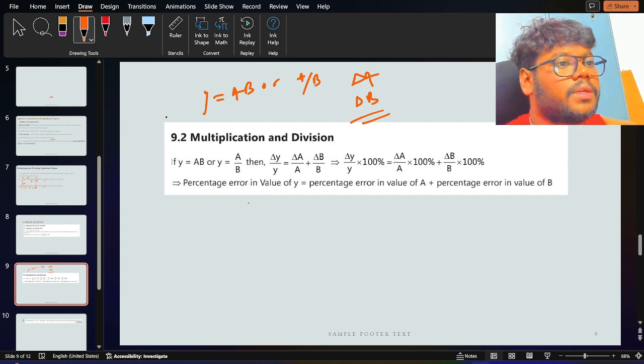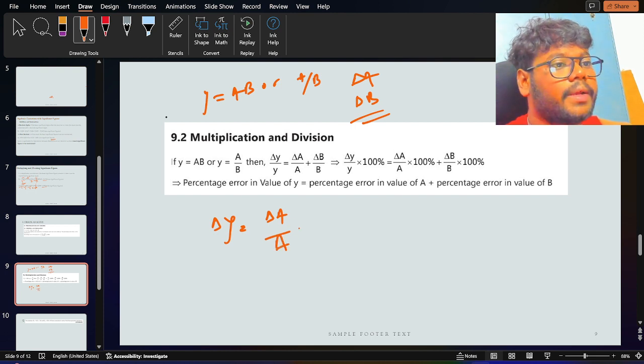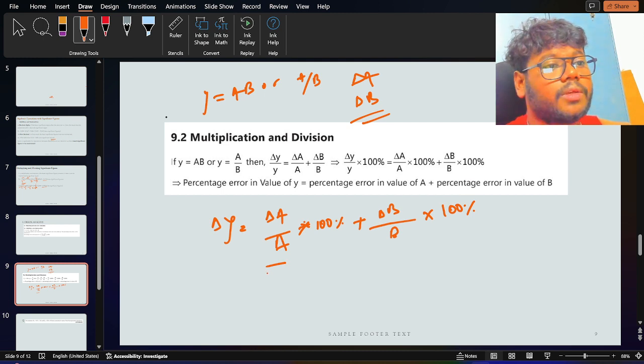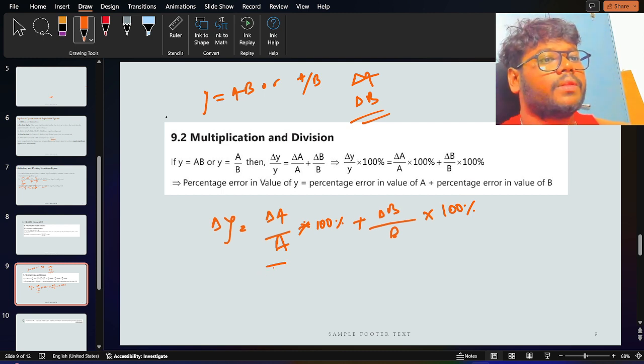Delta Y would be delta A by A into 100 percent plus delta B by B into 100 percent. So this would be the net percentage of error.